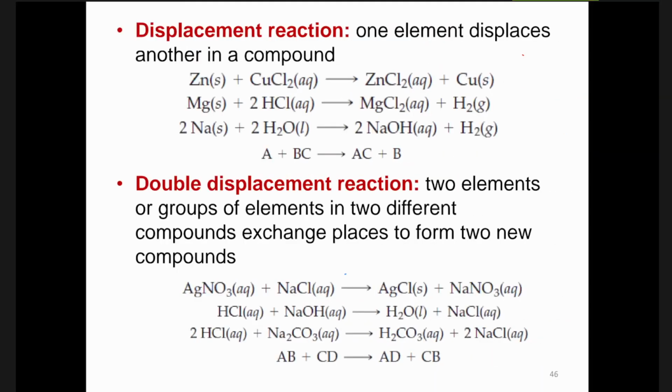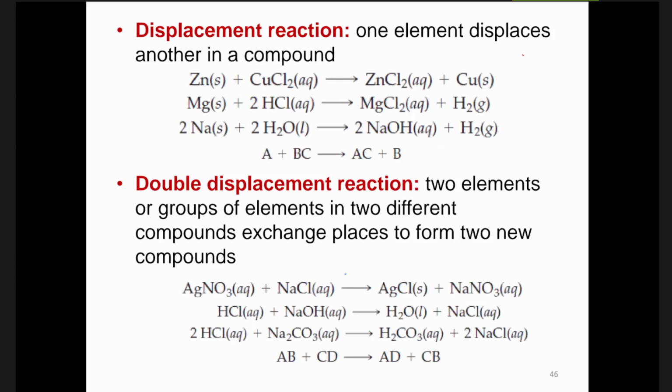So we talk about the displacement. So you have zinc, copper chloride. That is the classical galvanic reaction. So we talk about the Volta battery, Daniell battery, if you want. You talk about the double displacement, for example, silver nitrate plus sodium chloride and so on.